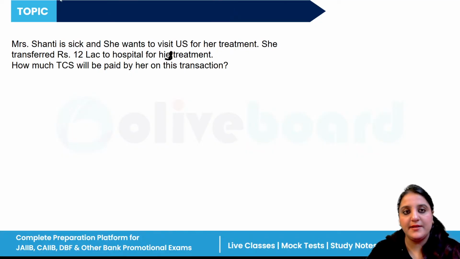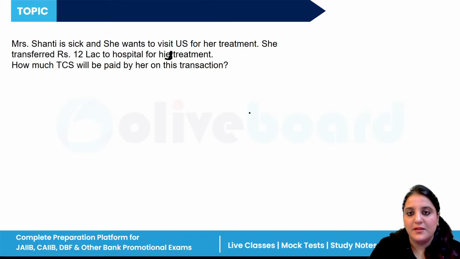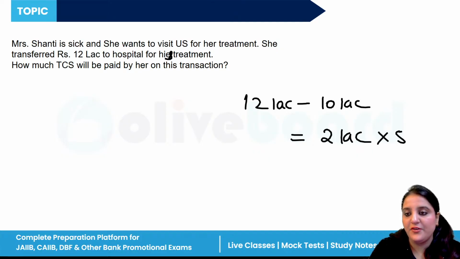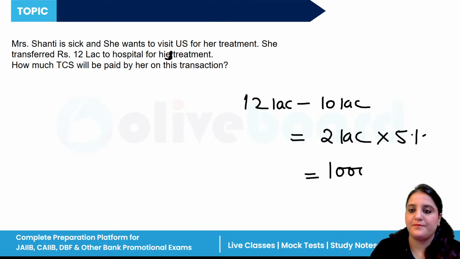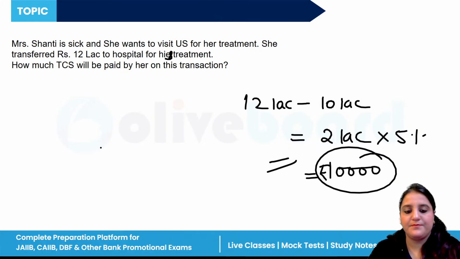What is the answer in this case? Very simple. 10 lakh is exempted. So on the 2 lakh, we have to deduct 5%. The answer here is only 10,000. How much TCS? 10,000.